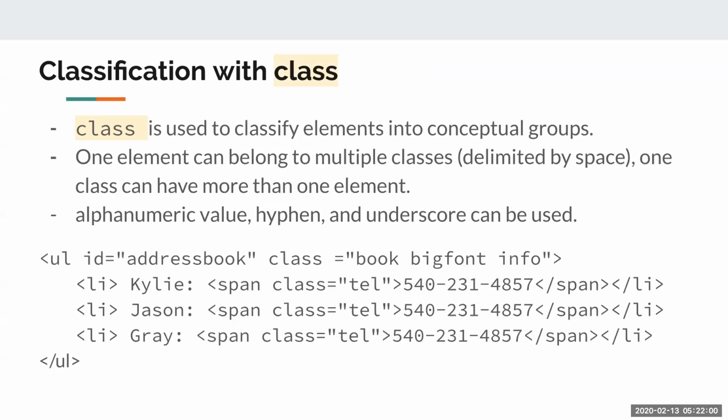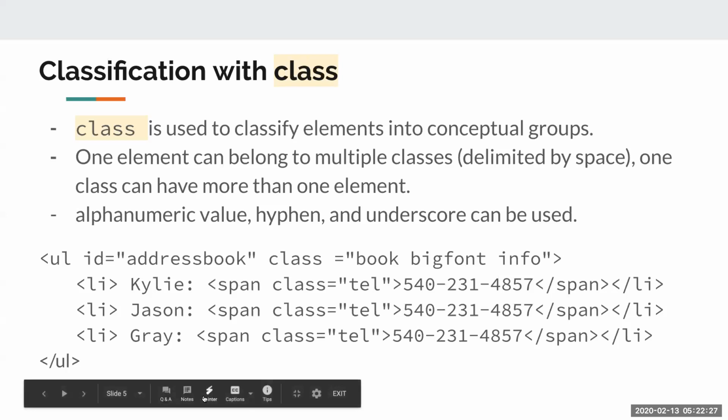Class is another global attribute. By global attributes, I mean that any HTML element can have it. Class is used to classify elements into conceptual groups. One element can belong to multiple classes, delimited by spaces, and one class can have more than one element.